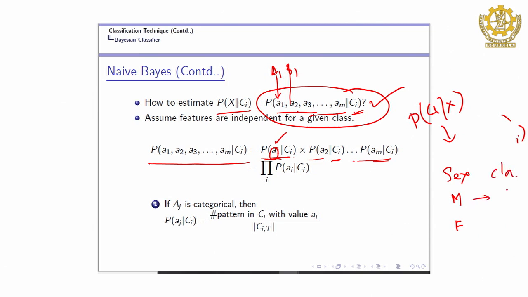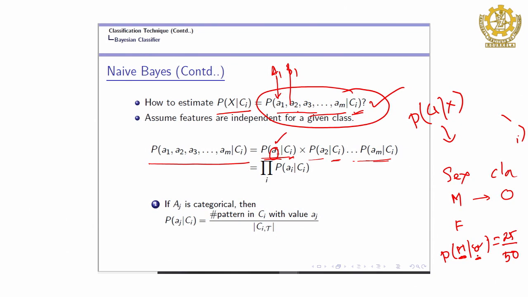Then we count, in class 0, how many are male. So we are considering the class label here, and then what is the probability of male in class 0? You find how many objects belong to that particular class 0, and let us say this is 50. Then out of these, how many persons are male? You count, let us say 25.